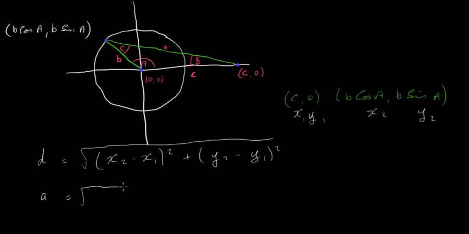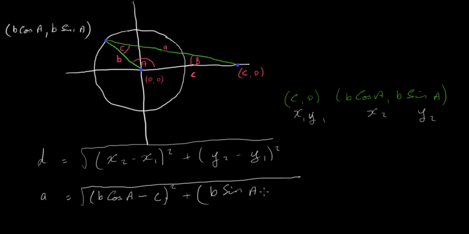On the right hand side then, we just got to stick these 2 points in. So we have x2, x2 is b cos a, minus x1, which is c, that's squared, plus y2, which is b sine a, minus y1, which is 0, and that's squared.